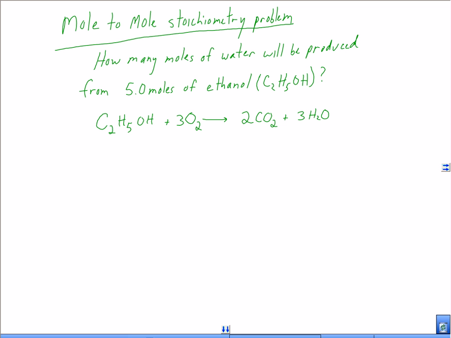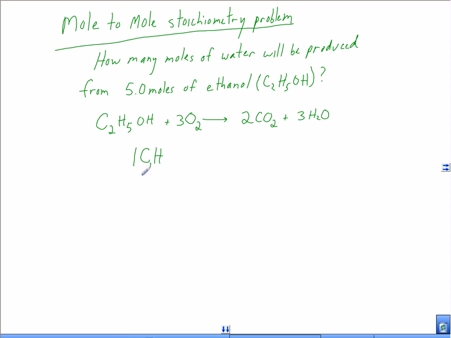How many moles of water will be produced from 5 moles of ethanol? And it has our ethanol combustion reaction already written out and balanced for us. So the two things I'm going to deal with here would be my ethanol, which we notice has just a 1 in front of it. I'm going to go ahead and write the 1.